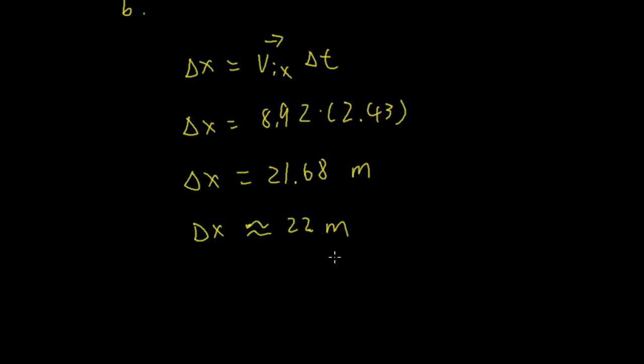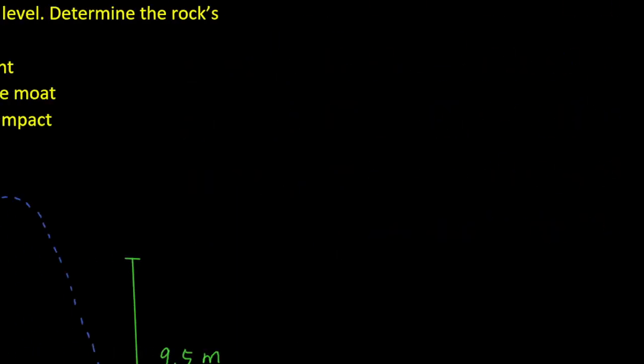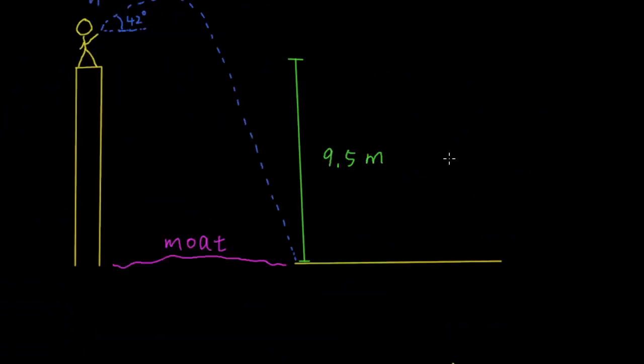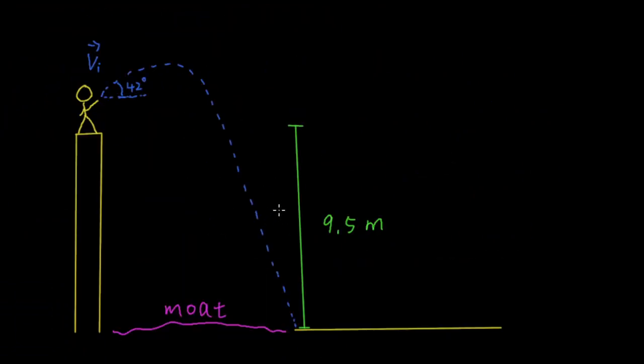Okay, part C. Velocity at impact. What does that mean? That means you have to calculate the velocity when the rock hits the ground, which is the final velocity. So in part C, you're looking for v final.